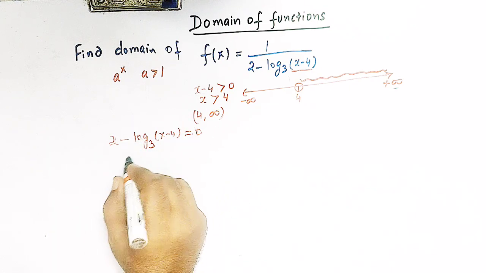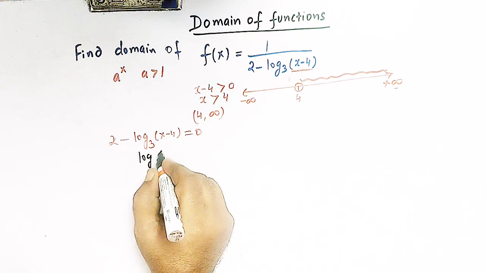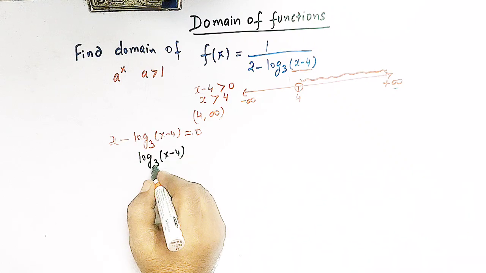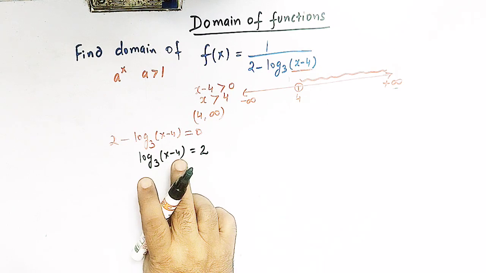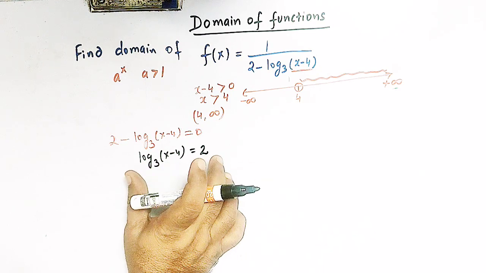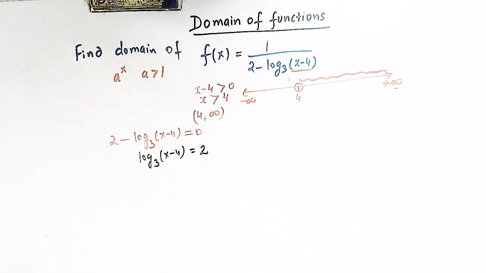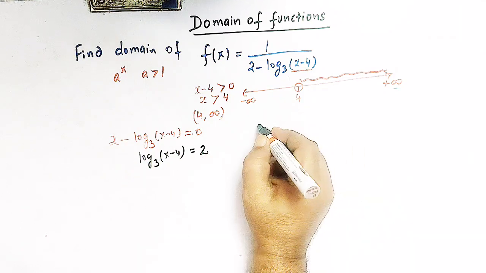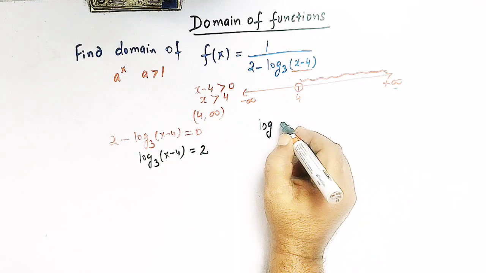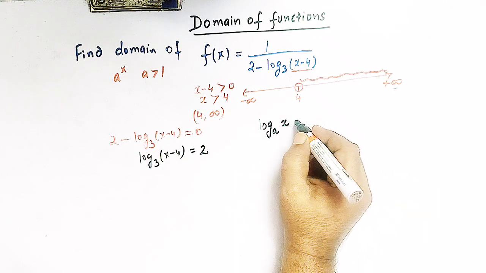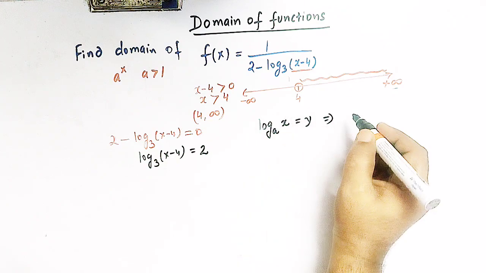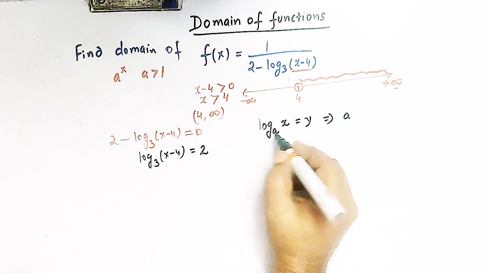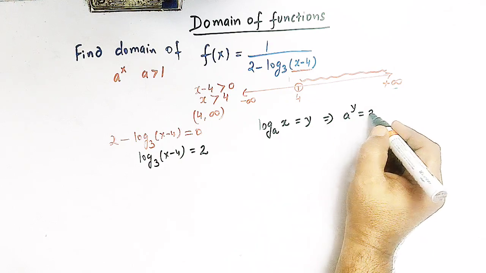We can write this equation as log of x minus 4 to the base 3 is equal to 2. To solve it, we make use of the definition of logarithms. If we have log of x to the base a equal to y, then this is equivalent to a raised to y equal to x.